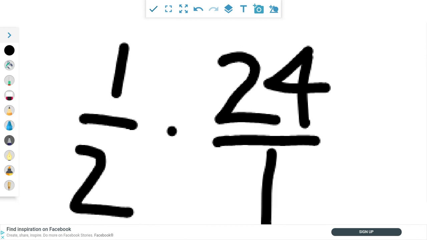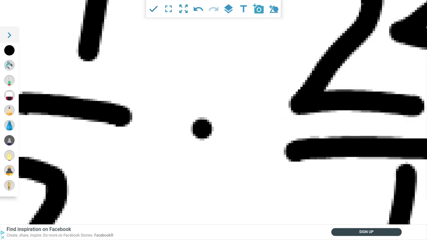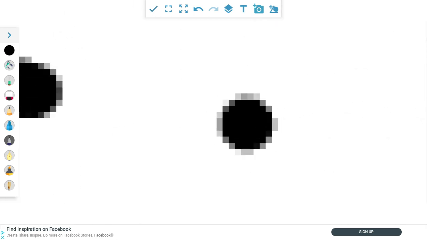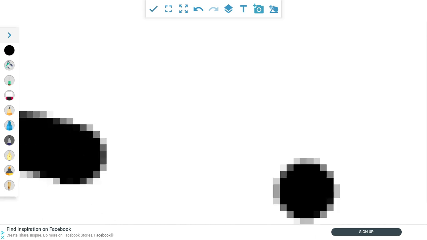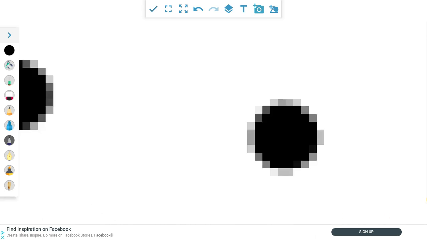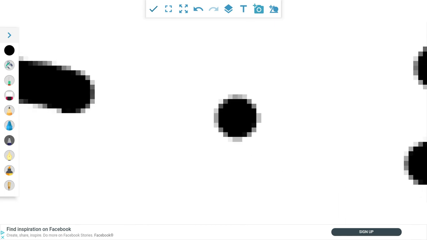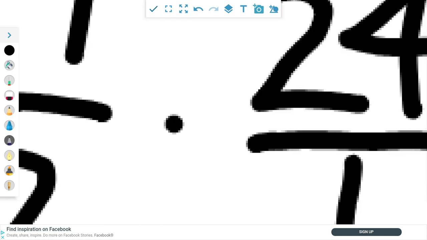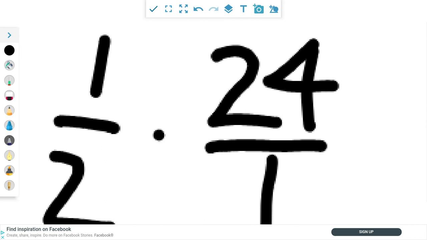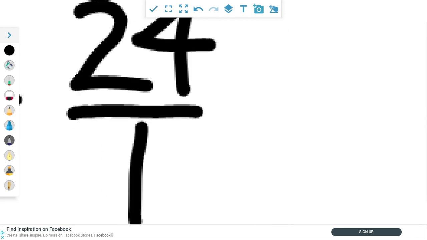Well, actually, a dot can be used to replace a multiplication symbol. So if you are writing in a really small amount of space, maybe because you've written bigger ones and you just ended up getting it all wrong, it's just so hard to solve. Sometimes you just have to write a dot instead.